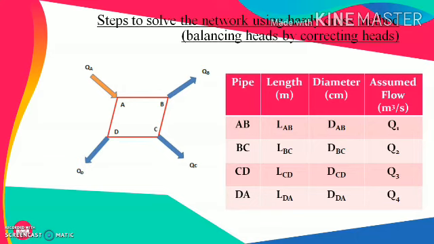Let the lengths of these segments be LAB, LBC, LCD and LDA respectively. Let the diameters be DAB, DBC, DCD and DDA respectively. Now these diameters can be the same or can be varying, and we will assume the flow as Q1, Q2, Q3 and Q4 in the pipes AB, BC, CD and DA respectively.